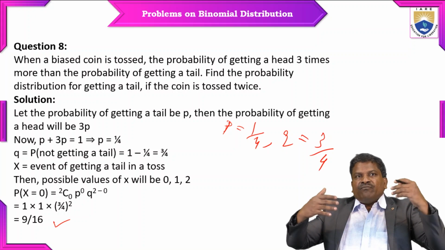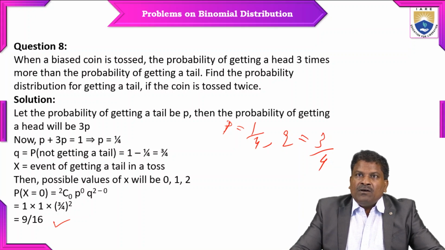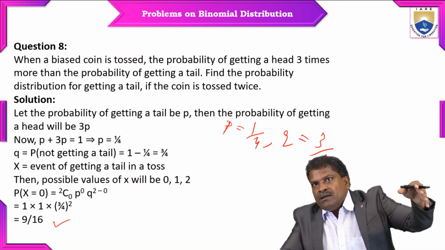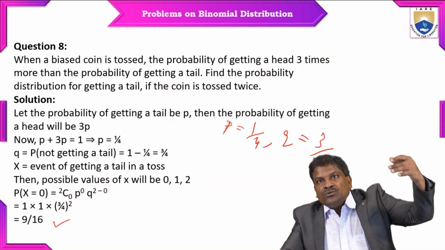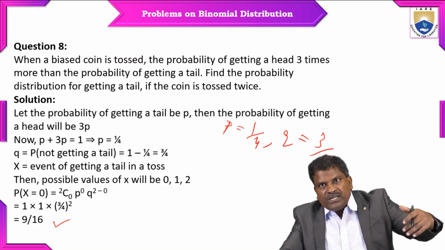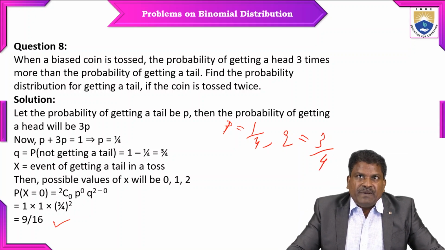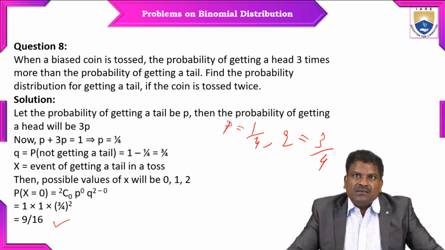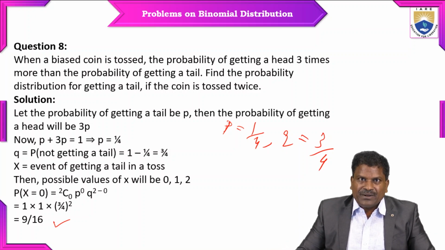Distribution means for different values of the variable, whatever probabilities we are getting, if we show those values and their corresponding probabilities in one tabular form, then it becomes a distribution, a binomial distribution. So like this we can discuss binomial distribution elaborately.